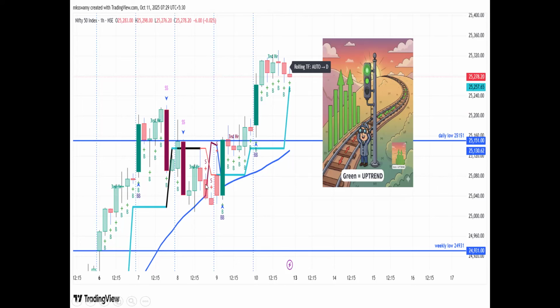Then you see blue and red, black and red on the pivots, and then it started moving. So everything is green. I've changed it for when I enable S1 and R1.